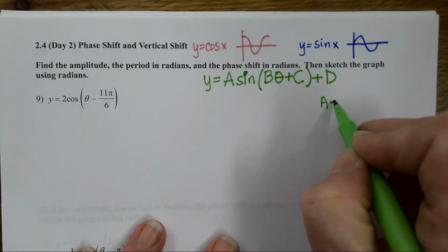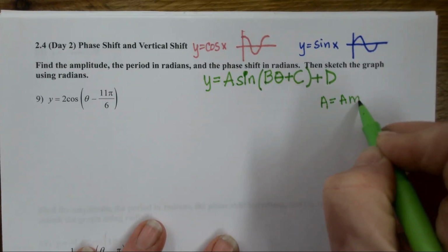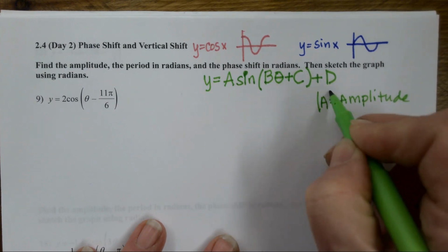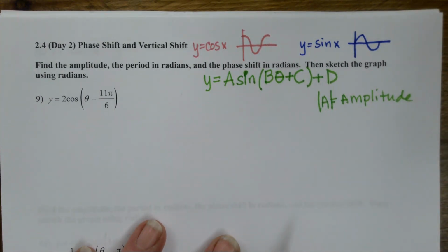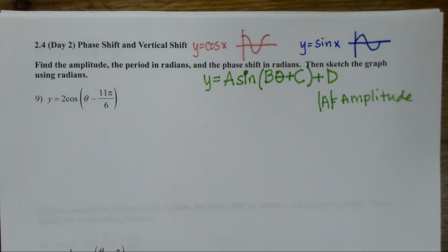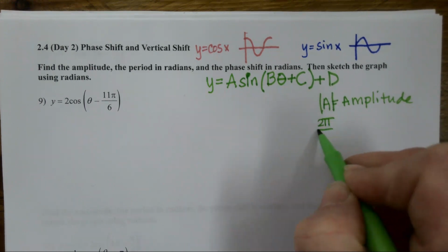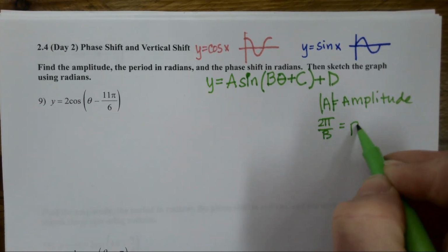A equals the amplitude. Remember, I should be more specific. Absolute value of A equals the amplitude. For cosine and sine, if I put 2 pi over B, I'll get the period.